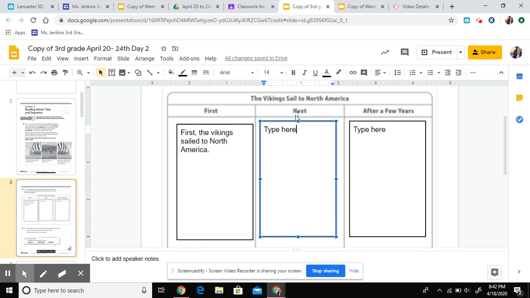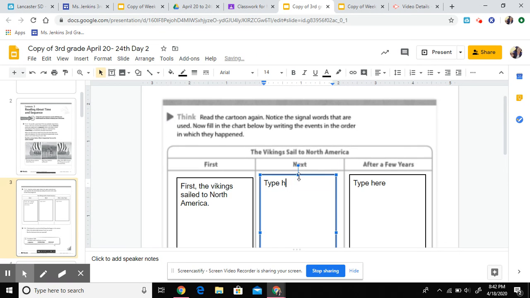Next, the Vikings, and I'll change it up on this one, built a community there.